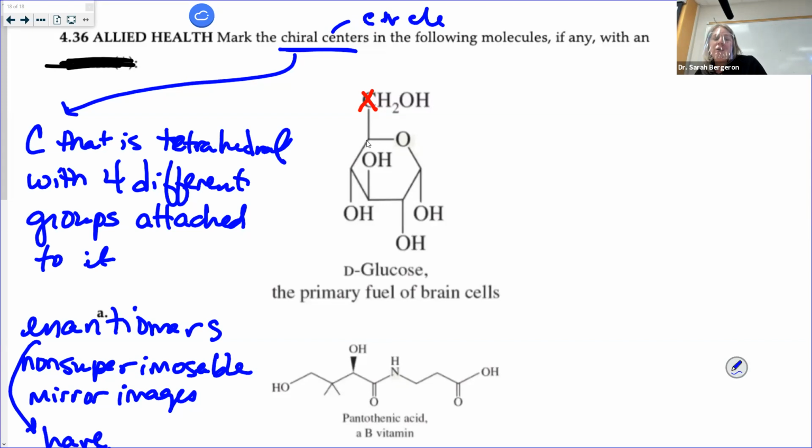Okay, so that's one. Then I have another R group that's that side of the molecule. It's not the same, it's different. And then I have this R group. So that's three. Do I only have three things bound? I have a hydrogen. So do I have four different things attached to this carbon? Yes, I do. So do I have a chiral center? Yes.